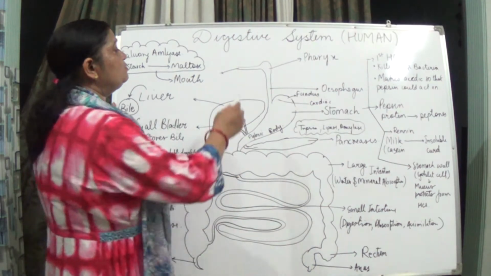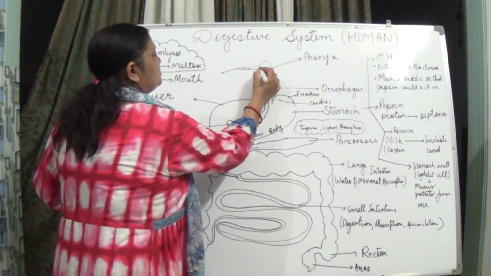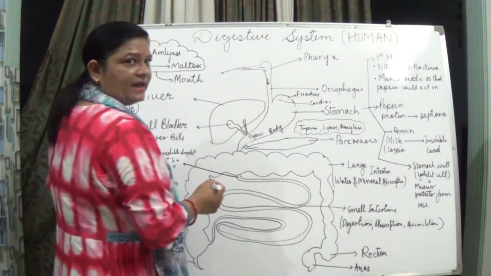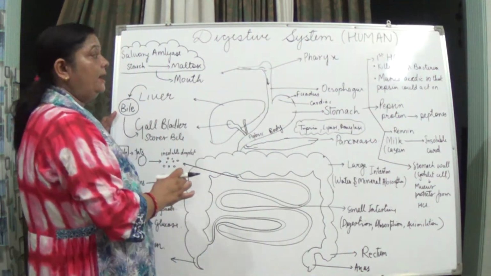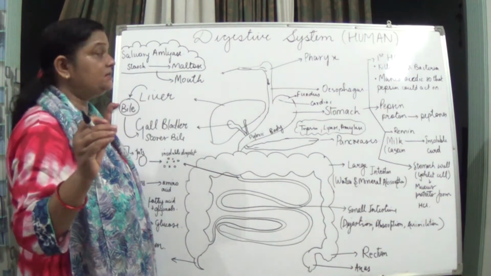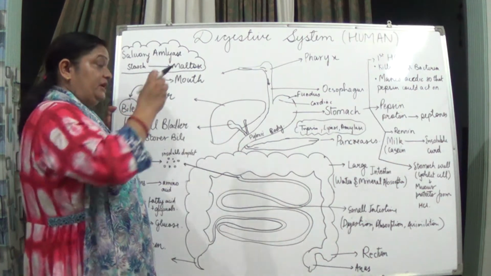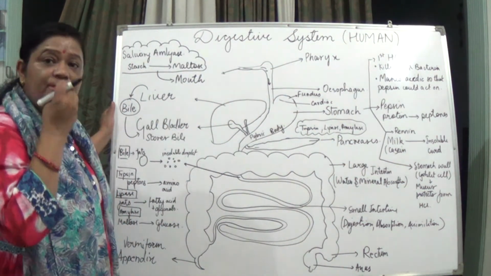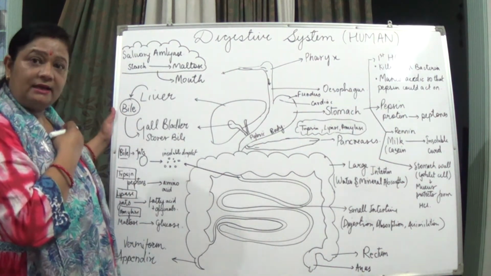But when it is moving on from the mouth to the esophagus, there is a common passage, the pharynx. This pharynx is the common passage for the esophagus as well as the trachea. When we respire, the air enters through the trachea.